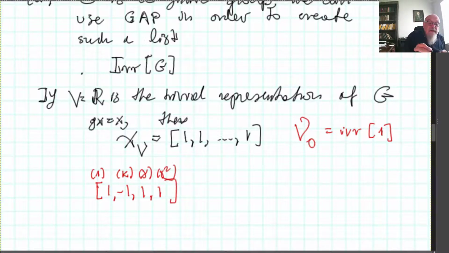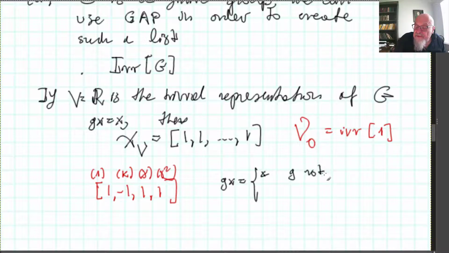So in such a case, it is easy to find out this action. If you take Gx, it will be equal to x if G is a rotation, and this will be minus x if G is a reflection.